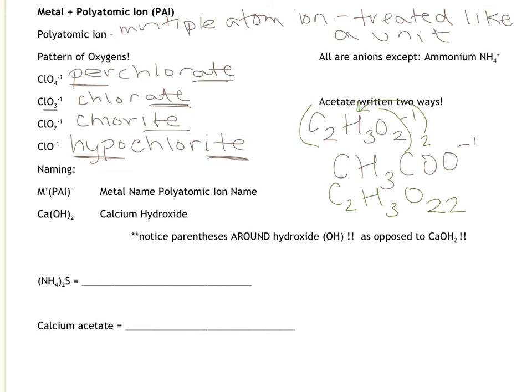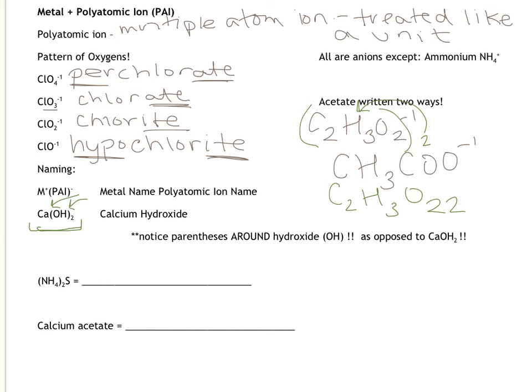But if you look down to the bottom here on how to name them, if we name them here, we say we have a metal name and then a polyatomic ion name. So here we see that we have 3 elements. So anytime we see that we have more than 2 elements, that means that something must be a polyatomic ion. Also, we have the parentheses here. That also tells me that I have a polyatomic ion.